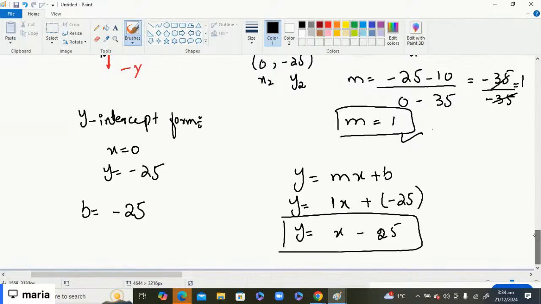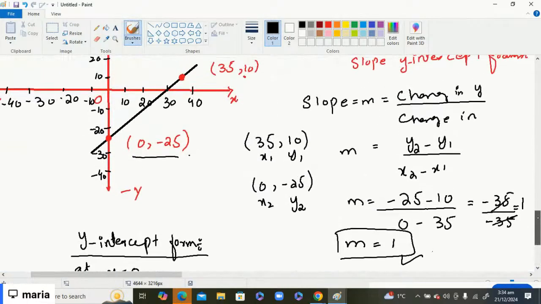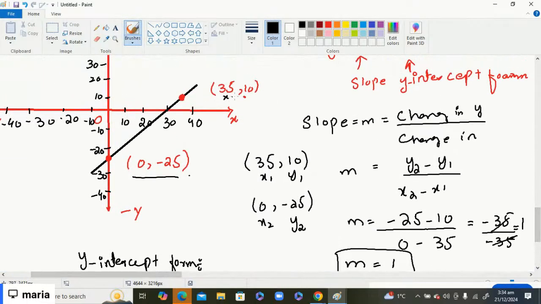Now, the intercept is given. What does the intercept mean? The y-intercept is where x is 0, and the x-intercept is where y is 0. So here we write the y-intercept. In these 2 points, this is your x and this is your y. At which point is x 0? At the second point, this is 0 and minus 25.